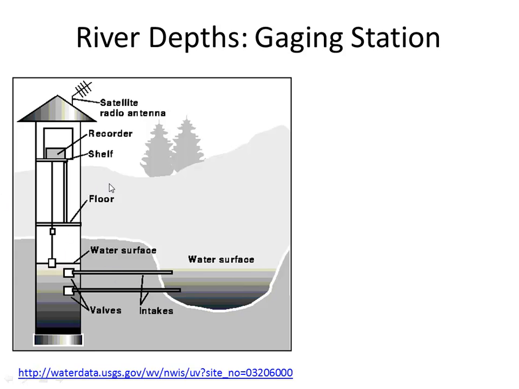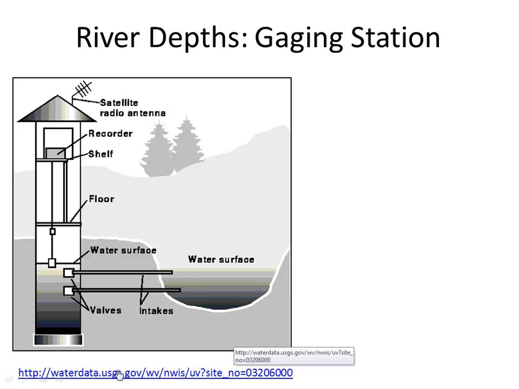And then above that water surface is going to be some sort of an instrument that's recording the water depth, either electronically by sending an ultrasonic pulse down to the water surface, or it could be a float system that's connected to a line or a chain, and the distance of the line or chain relative to the recorder height is known and measured, and then sent by satellite to a consolidated data recording and reporting site.